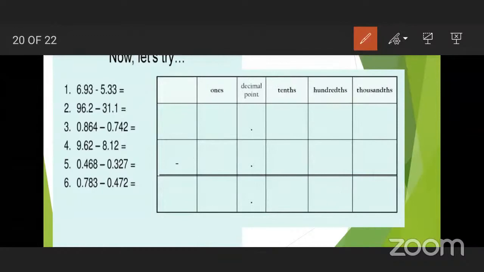Now, who will read the third one? 0.864.